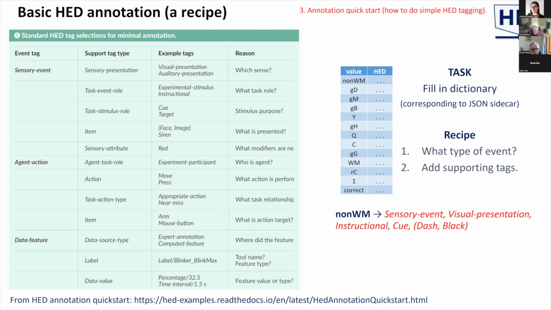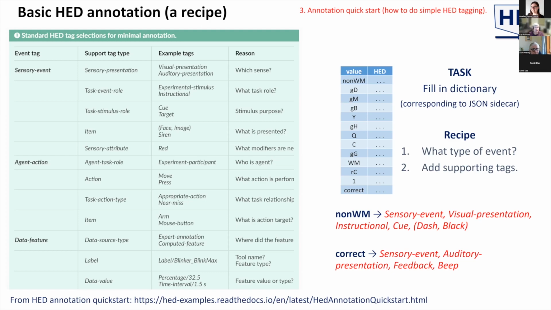It's a sensory event, a visual presentation, its purpose is instructional, it says get ready, and it's a cue, and the thing is a dash and it's black. So that's an example. And here's another one, which is the feedback. It's an auditory presentation and it's a beep. So this is what a basic annotation in HED looks like, and you fill those into the dictionary.